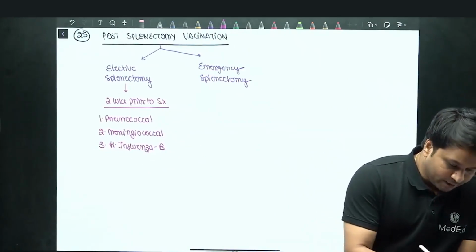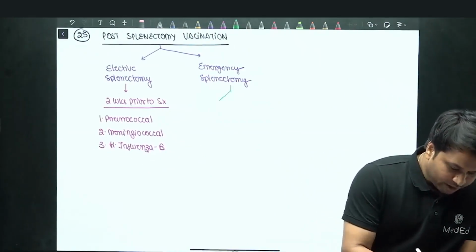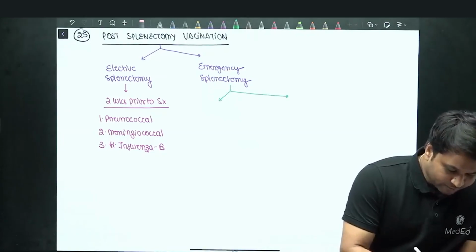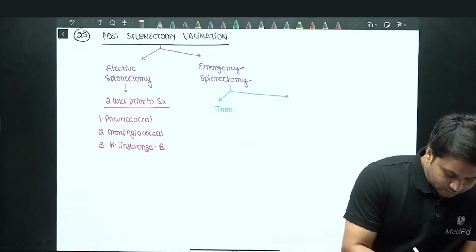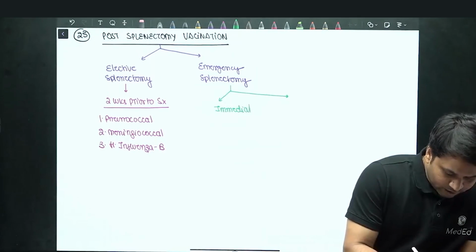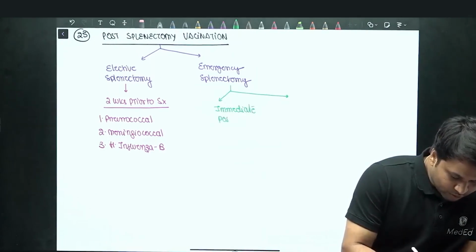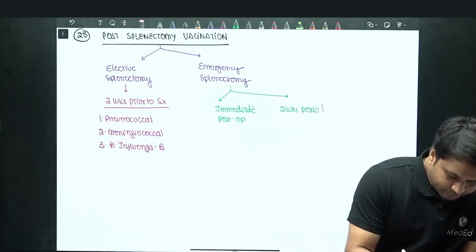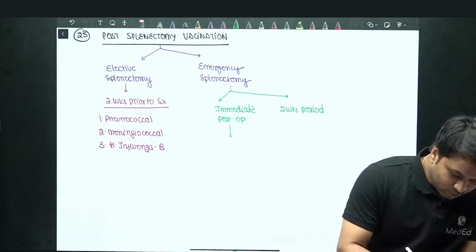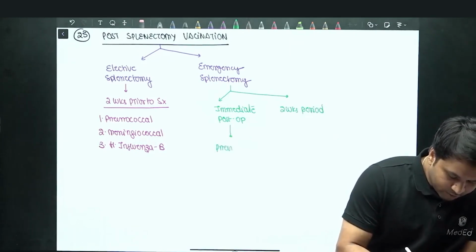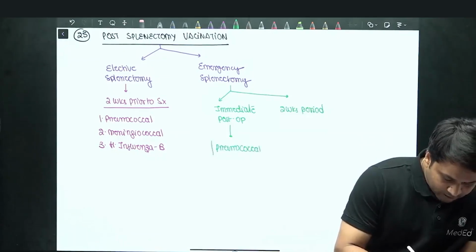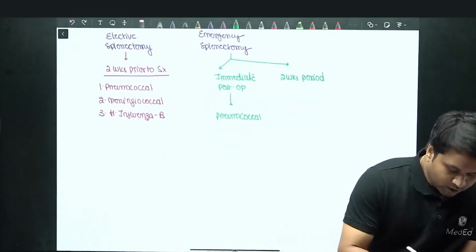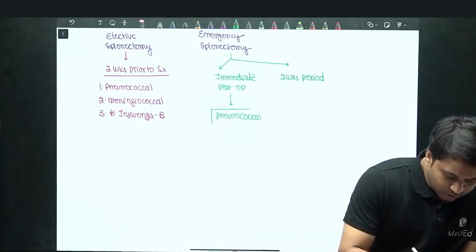In emergency splenectomy, we have to give one immediate post-op and the rest in a 2 weeks period of time. Immediate post-operative, we will give pneumococcal. But you need to know what variant of pneumococcal vaccine you are going to give.